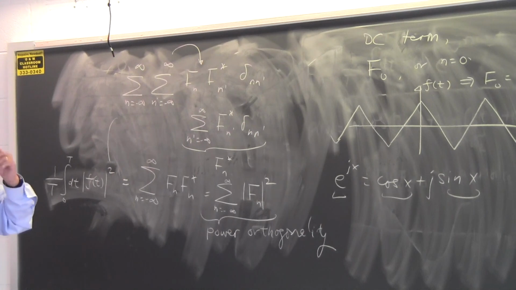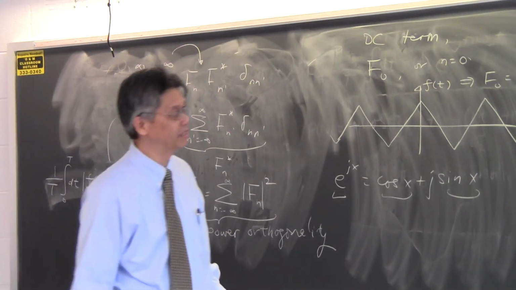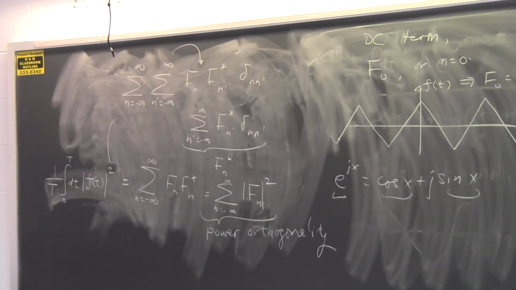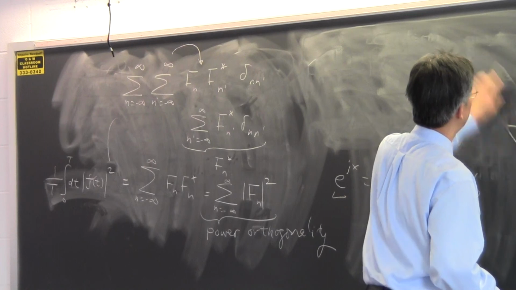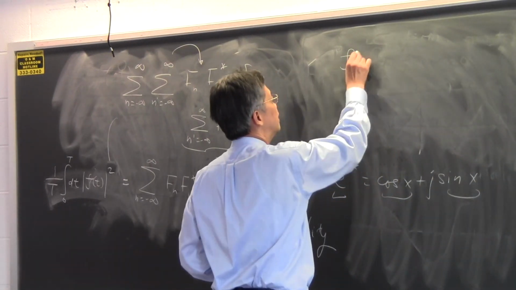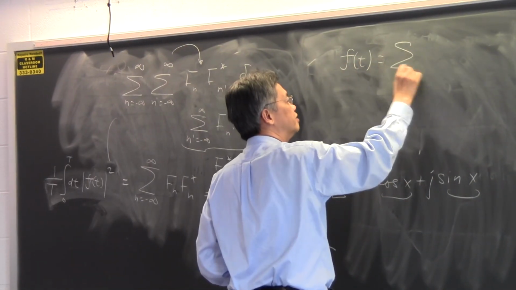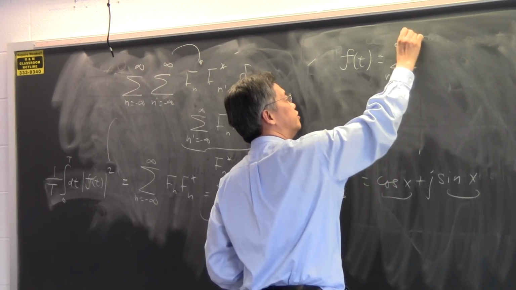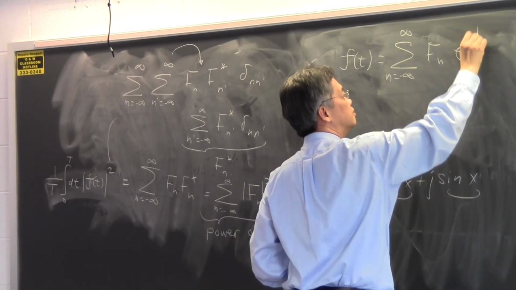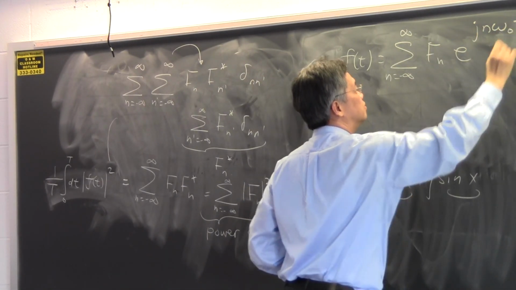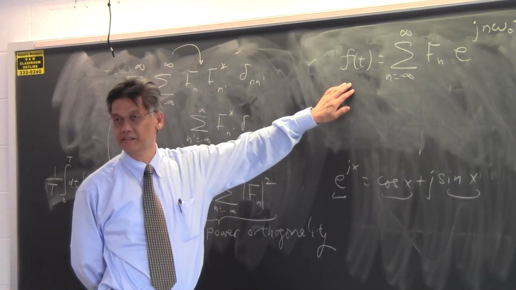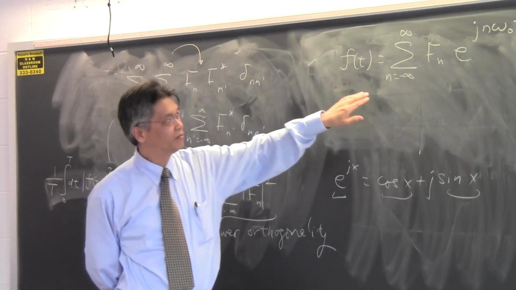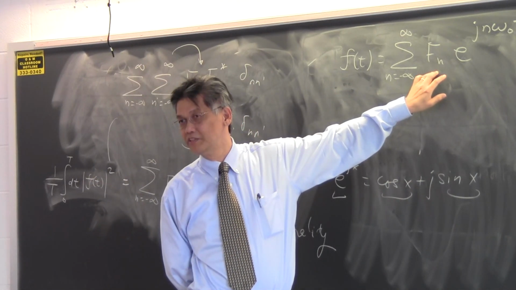What it says is that if I have a signal f of t given with the Fourier series expansion, the power embedded in this signal is the sum of the power embedded in each individual signal.